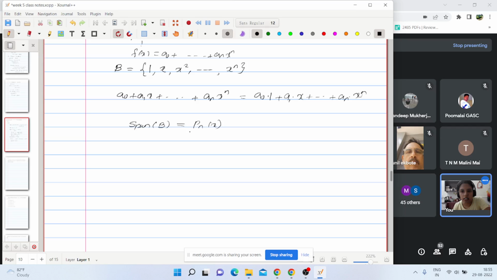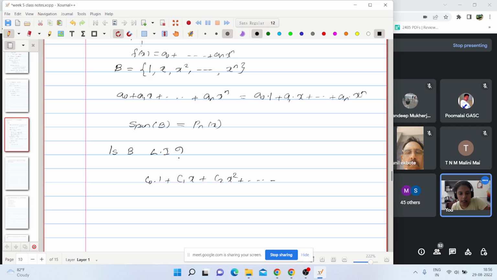whether B is linearly independent. For that, we take a linear combination of these elements, that is C0 into 1 plus C1 x plus C2 x square plus etc. Cn x power n.